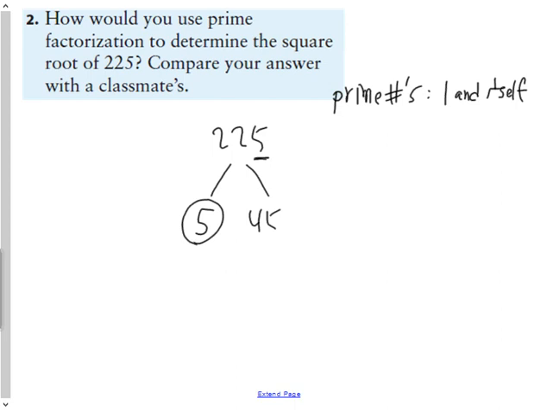I'm going to circle this number because that branch of my factorization tree is now stopped, because that's a prime number. But 45 can continue. 45, because it ends in 5, can also have 5 taken out. And 5 times 9. And finally, 9 can be broken down into 3 times 3.